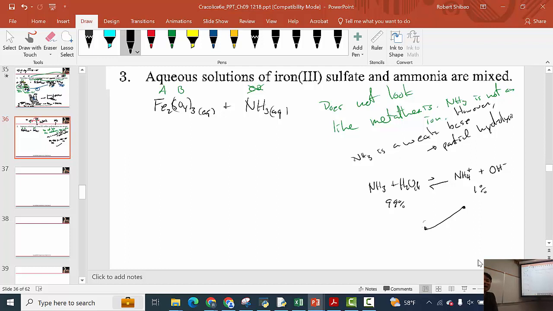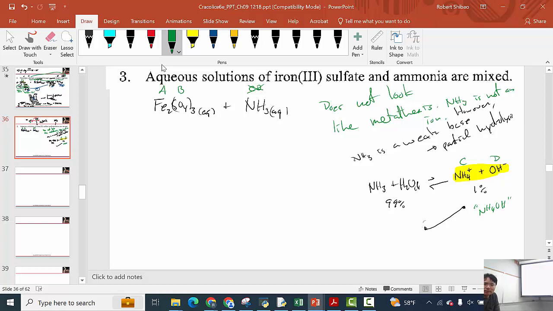But, you know, it turns out that even though that's very little, that's enough to react. We don't need that much to react. And so what we're going to do is we're going to treat this. We're going to form a little bit of ions. We're going to treat this as my CD. And so that's my AB over here. This is going to be my C. This is going to be my D. And my CD is going to be, I'm going to call it ammonium hydroxide.